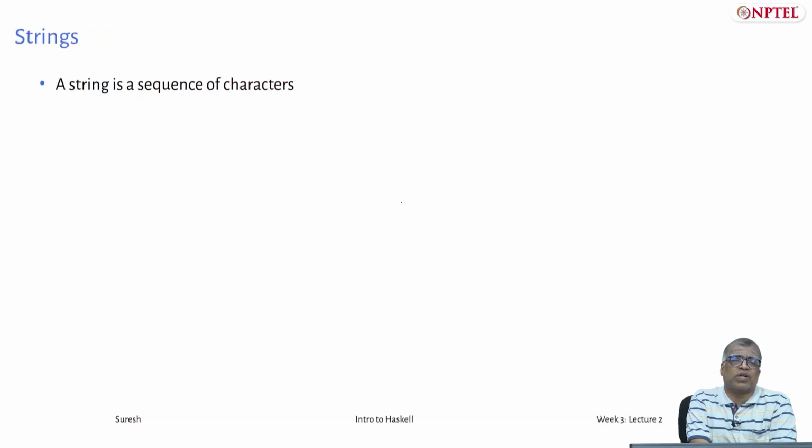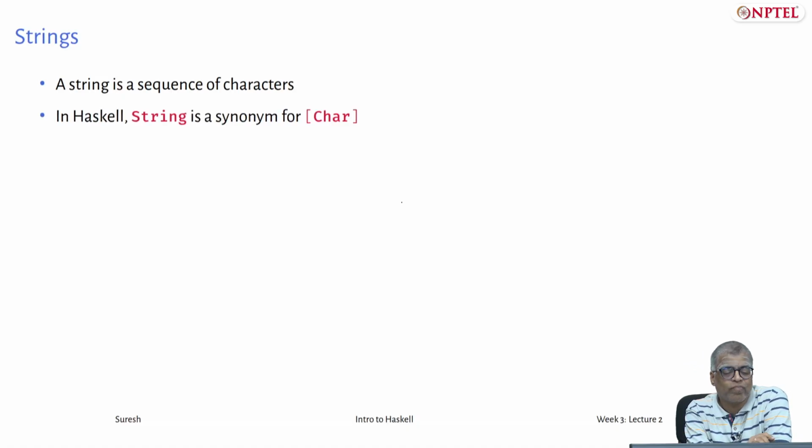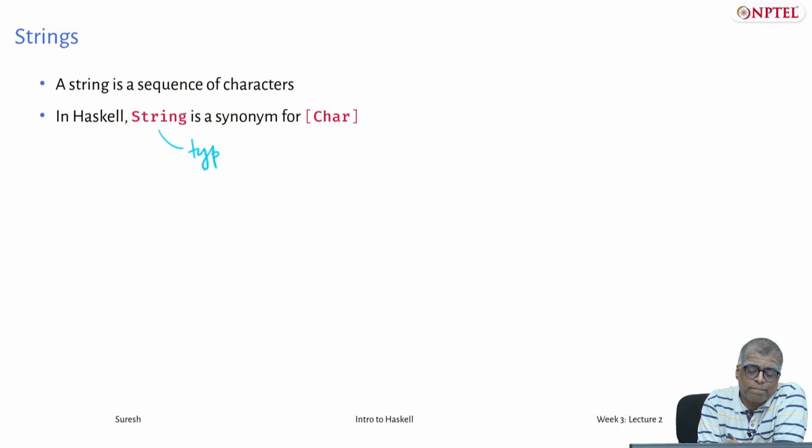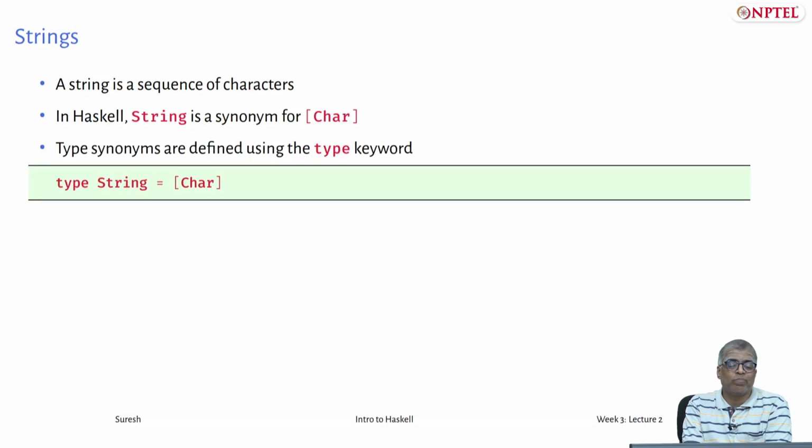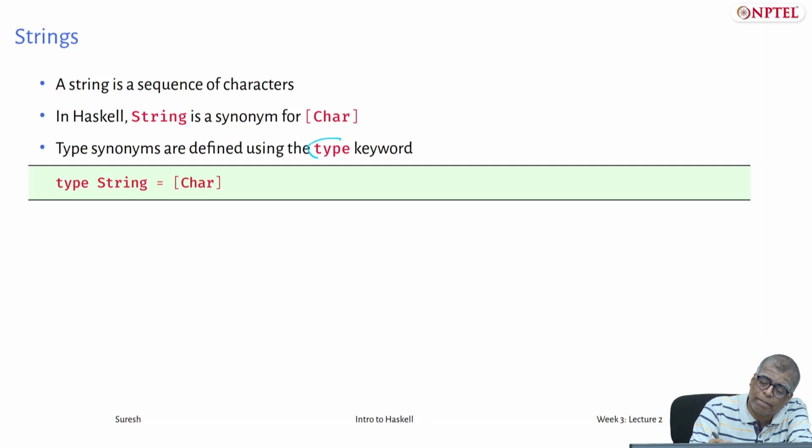Now we have seen strings before, but now that we have also learnt lists, a string is just a sequence of characters. Internally, it is just a list of characters. So, String is a type synonym, as it is called, for list of characters. Type synonyms are defined using the type keyword.